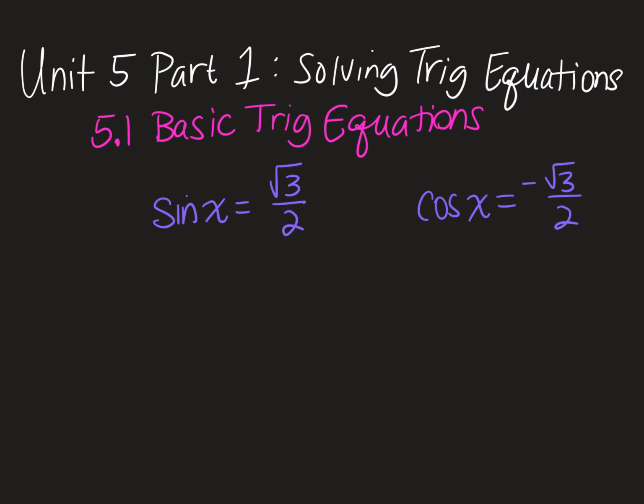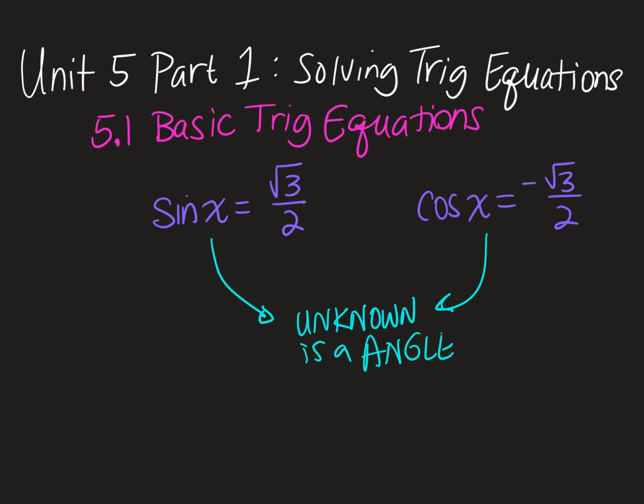The thing I want you to remember about trig equations, and this is probably one of the most important things to remember, is that your unknown is an angle. This is what you're solving for. We are trying to figure out an angle. That's our goal. So if we can find out what angle gives us a sine of radical 3 over 2, we've solved that equation. So let's practice with that a little bit.